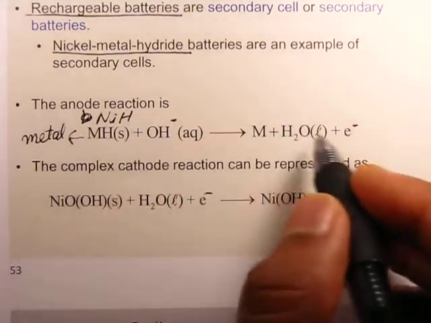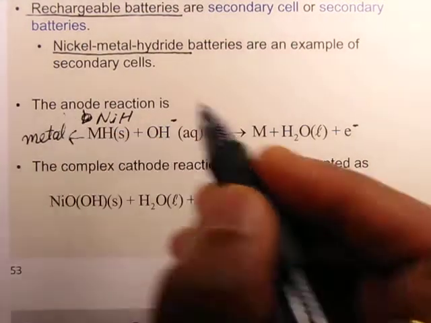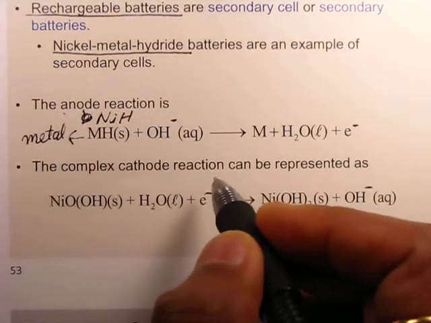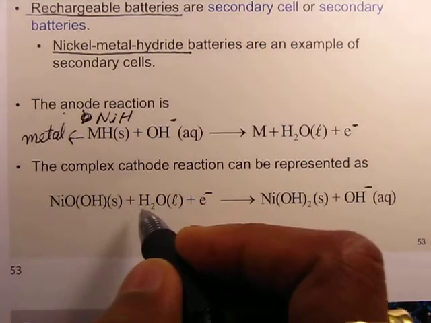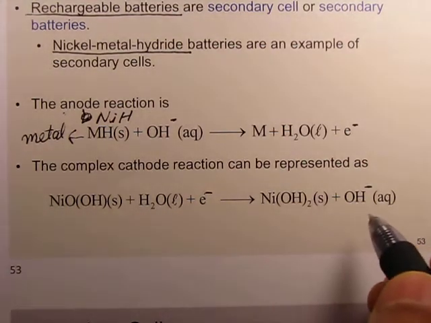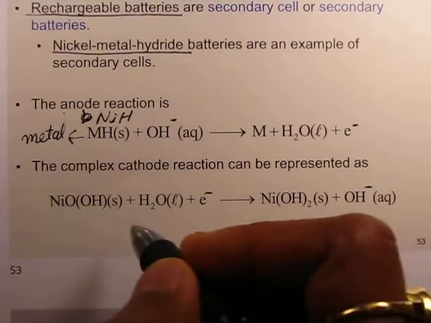So this is the oxidation reaction which occurs at the anode, and the complex cathode reaction can be represented as nickel hydroxide. Basically this is also in an alkaline atmosphere.